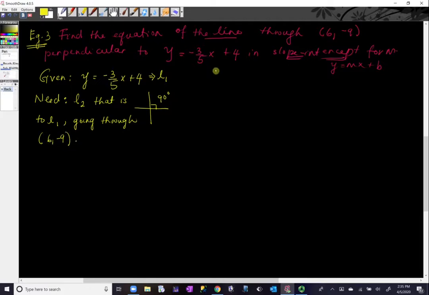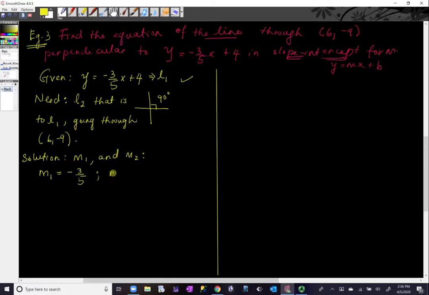So how would you work with this? Of course, you already know line 1. It's already in y equals mx plus b form. So the way you solve it is, first of all, you need slope m1 and m2. So what is m1? m1 is -3/5. What is m2?